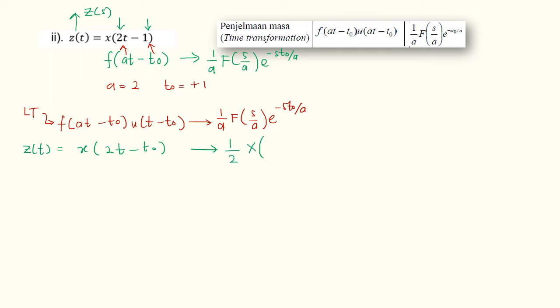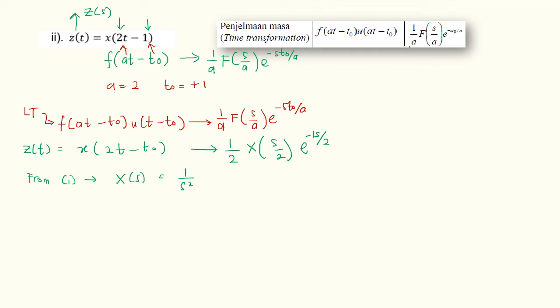So X(s divided by 2) multiplied by e to the power of minus s t naught, with t naught equal to positive 1, so s divided by a. In this case, what is your X(s)? X(s) from question 1: you know your X(s) equals 1 over s squared.